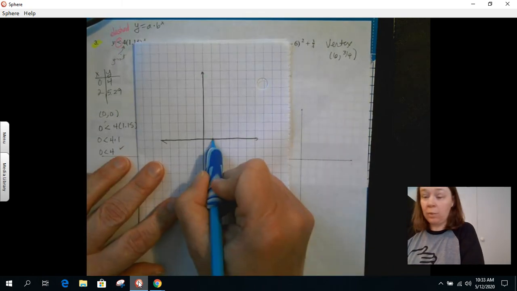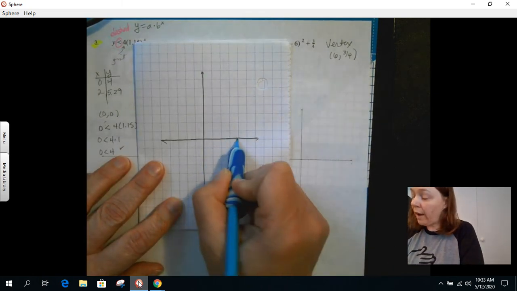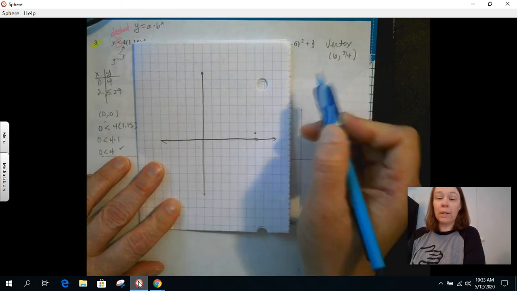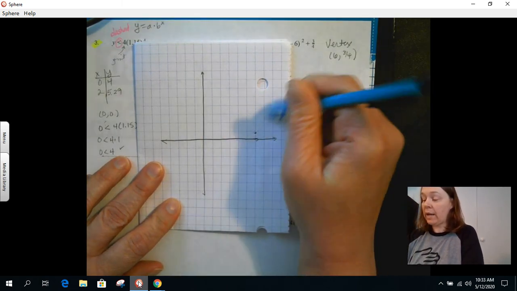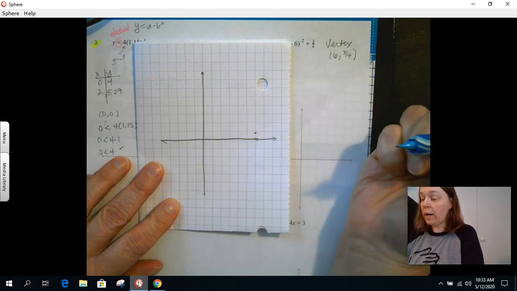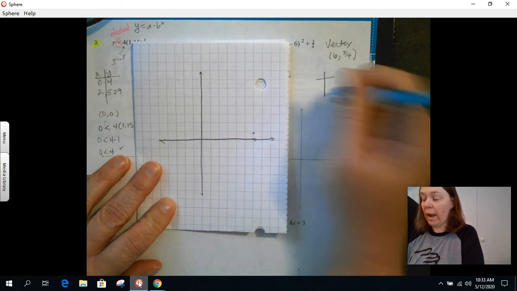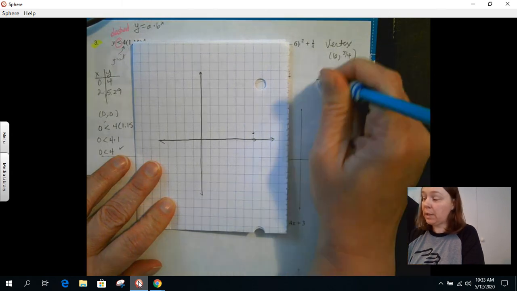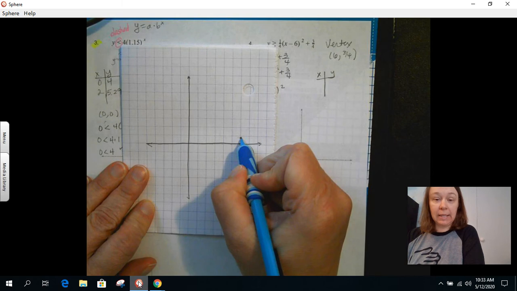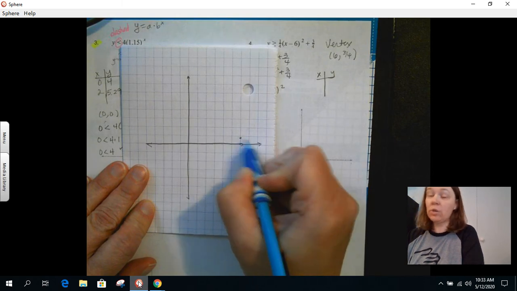So if I plot 1, 2, 3, 4, 5, 6, and 3/4 is right here, and I know it opens up, that makes sense. It doesn't have any x-intercepts. So to get another point on this graph, I could just do a quick little table. If I know my vertex is at 6, I could pick an x value on either side of the 6.